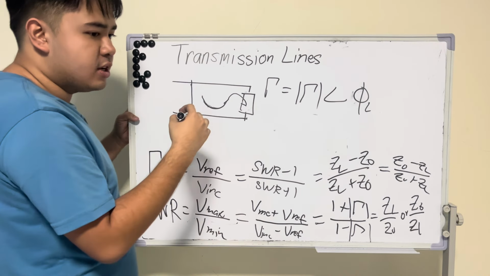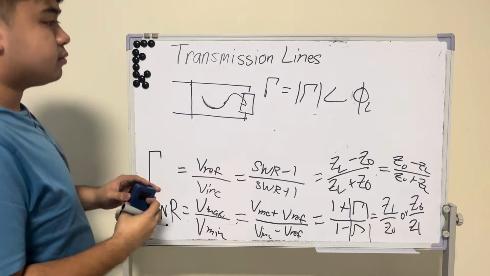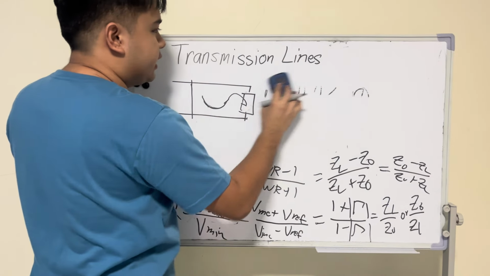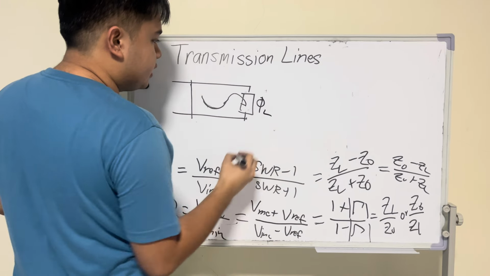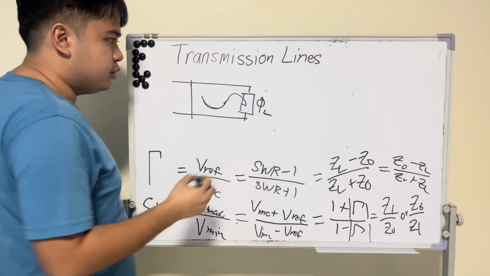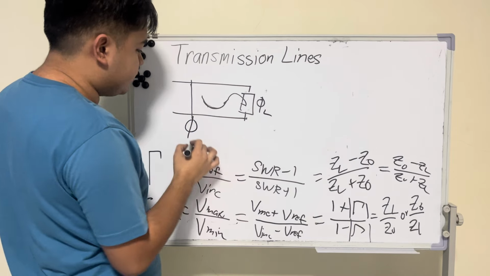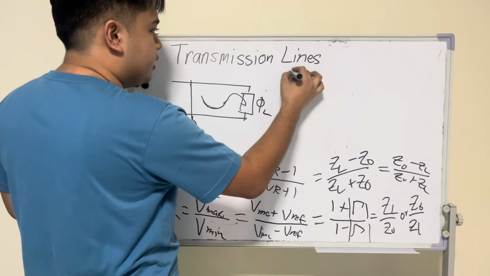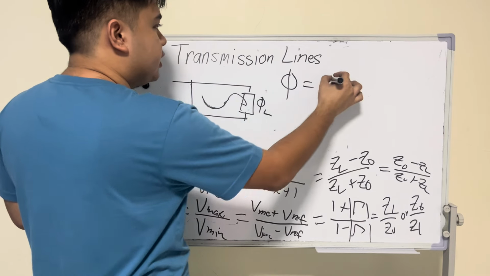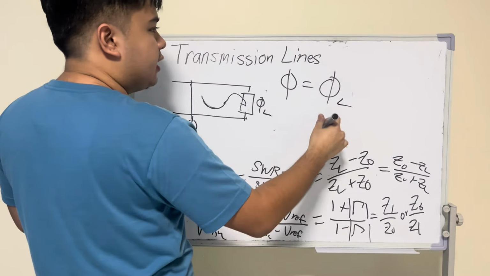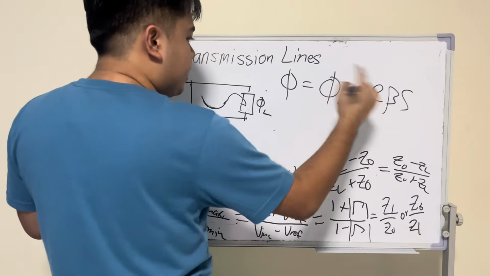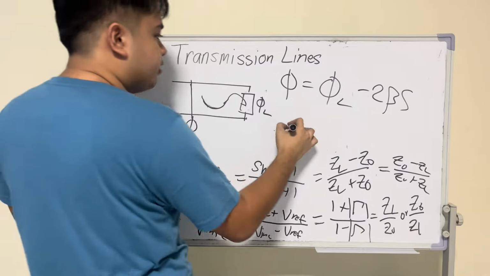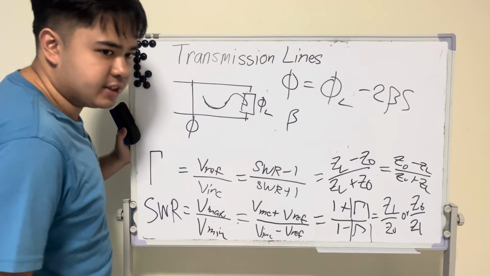Actually, the formula for the angle in here, if we know this to be the angle on the load, and then this is our new angle that we want, this is actually the angle minus 2 times beta s. Beta from earlier is the phase shift angle.